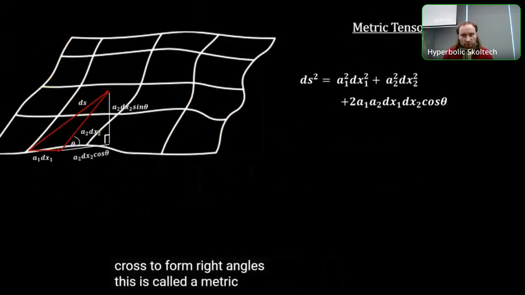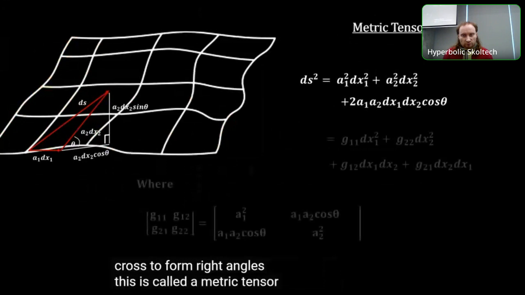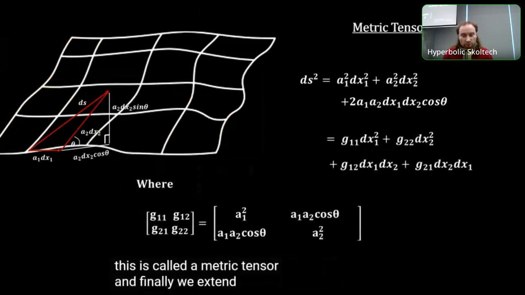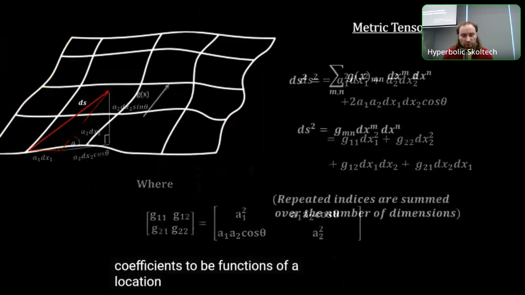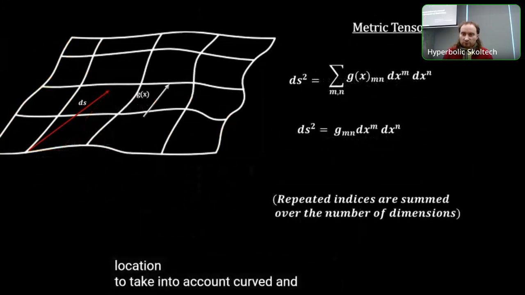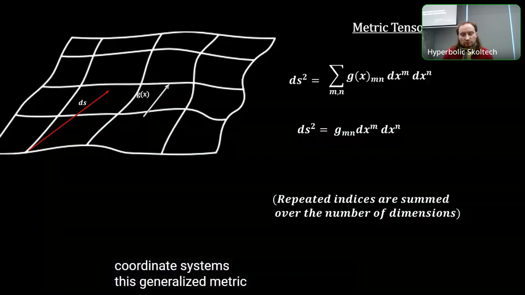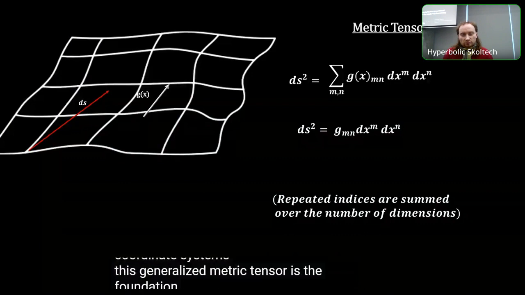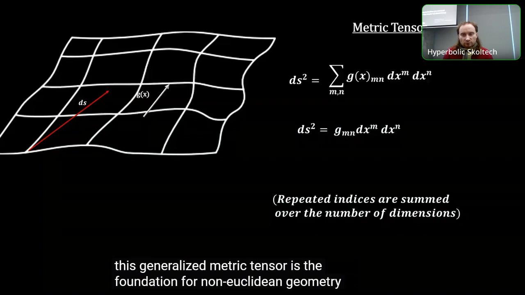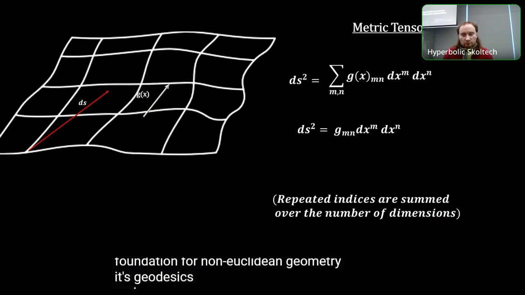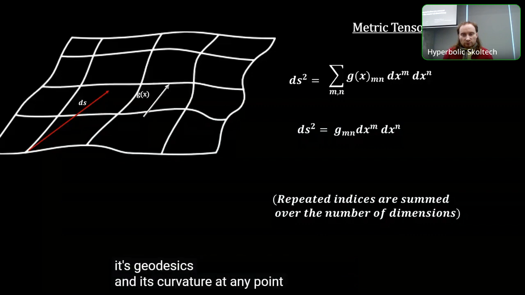This is called a metric tensor. And finally, we extend the number of dimensions and generalize the coefficients to be functions of a location to take into account curved and changing coordinate systems. This generalized metric tensor is the foundation for non-Euclidean geometry, its geodesics, and its curvature at any point.